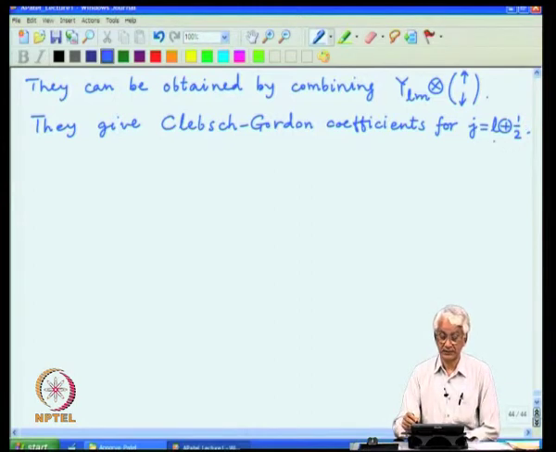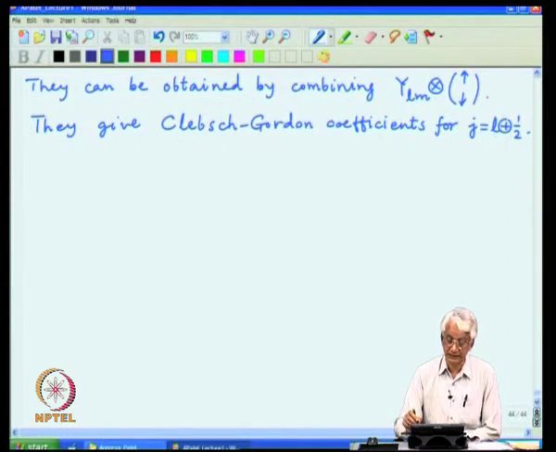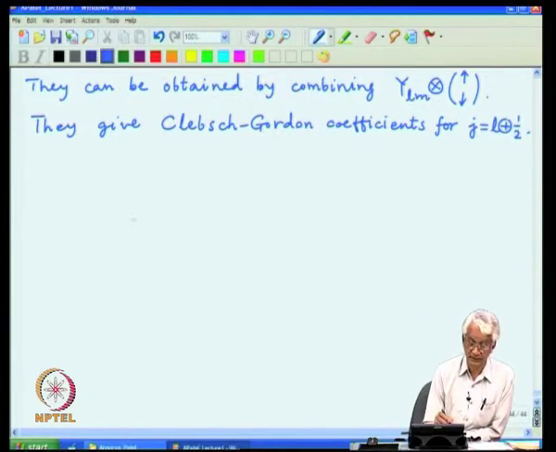So, when L is non-zero, it produces two states, j equal to L plus half or L minus half. When L equal to 0, it produces only one state, which happens to be j equal to half. And these expressions are written in the conventional spherical harmonics basis.